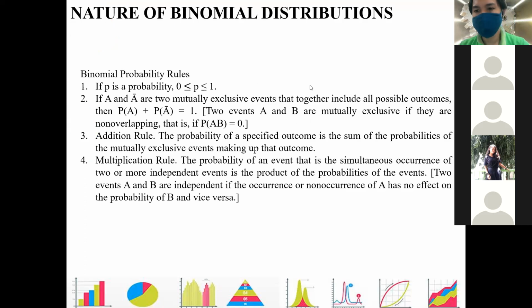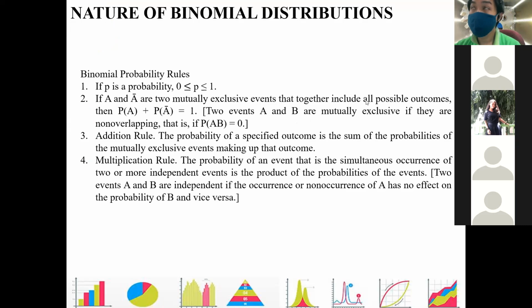Ibig sabihin, ito ay naka-base lang sa two probable events, either success or failure. Remember yung previous discussion natin, the probability of success, probability of failure. It has something to do with this, kung ano yung magiging outcome ng isang problem.